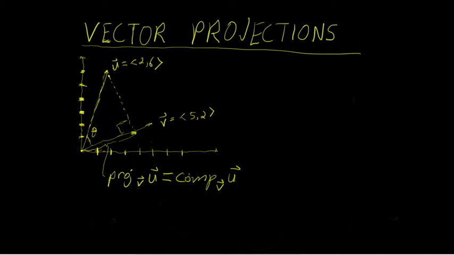You'll also see this representation, the component or comp of u onto v, and you can see it's basically a vector in the direction of vector v, whose length is going to vary depending upon what vector you are projecting.